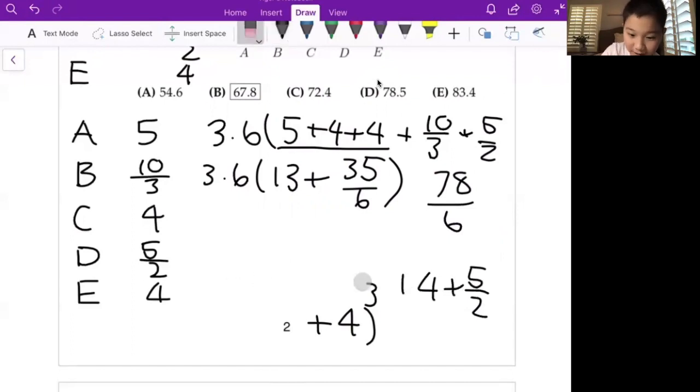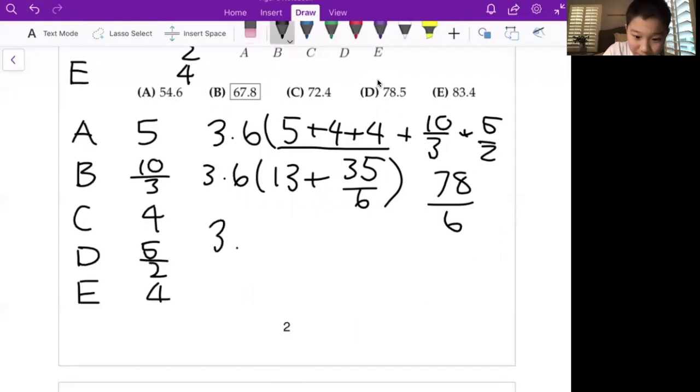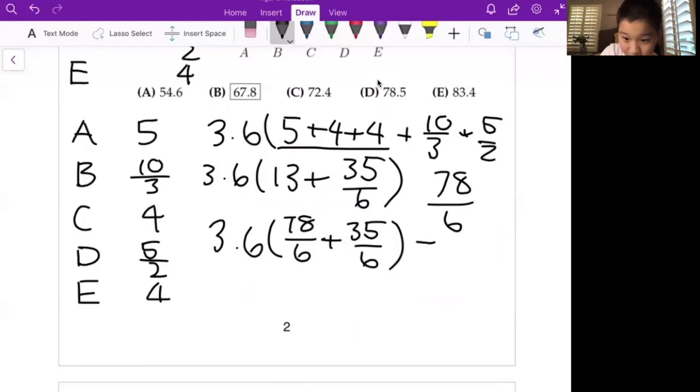Then let's clear up some more space. 3.6 times 13, which is 78 over 6 now, plus 35 over 6 equals, what's 78 plus 35? We'll add the 30, 108, add the 5, 113, and then over 6.